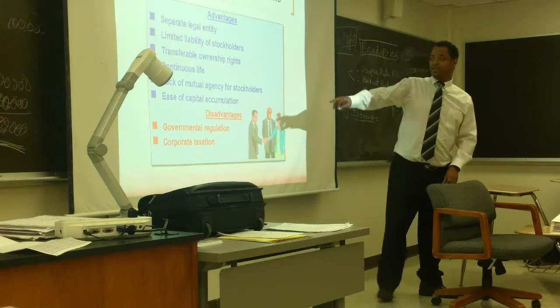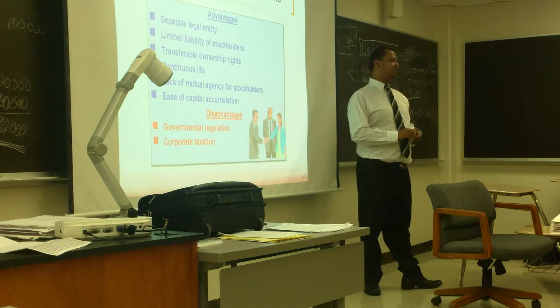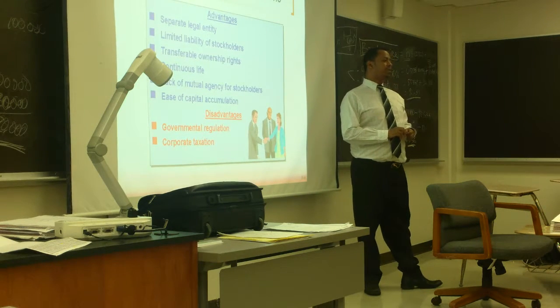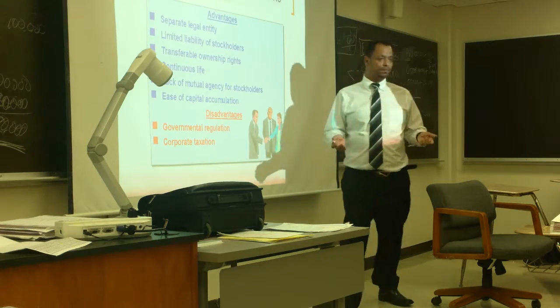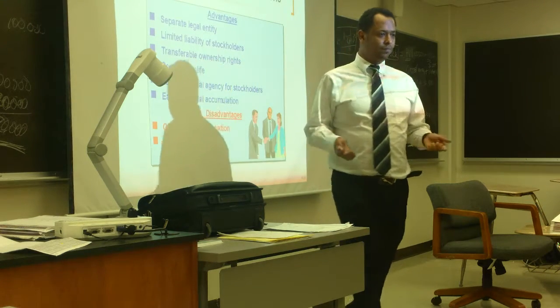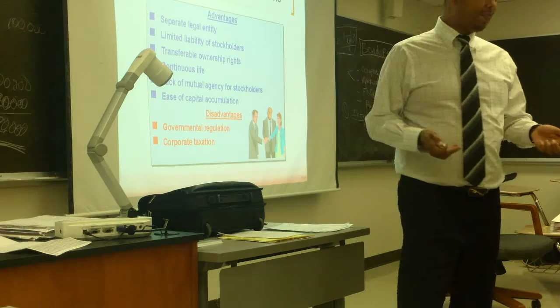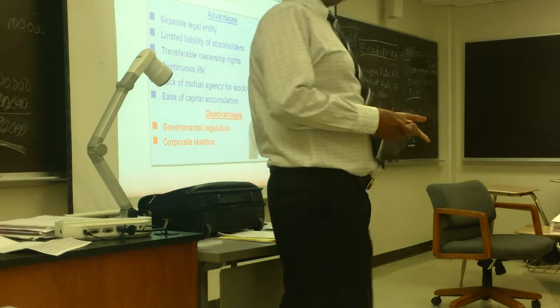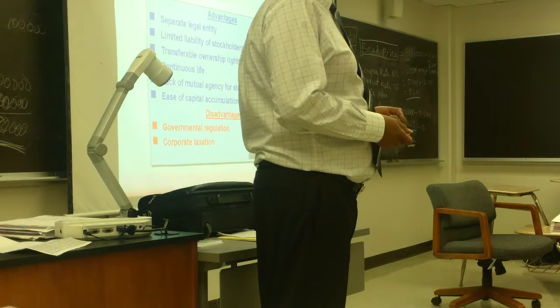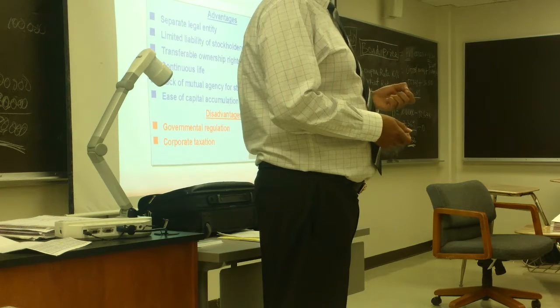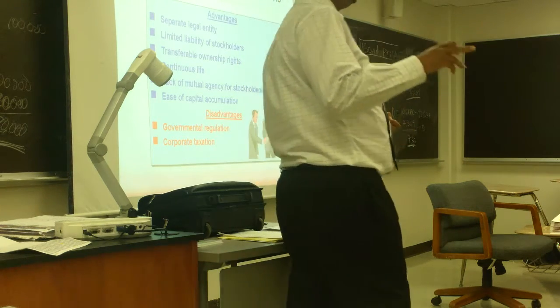Another disadvantage is double taxation. What does that mean when we say double taxation? You will pay regular tax, and also the corporation will pay the corporate tax. Corporation will pay tax, and also the owner, the shareholders, will pay tax.